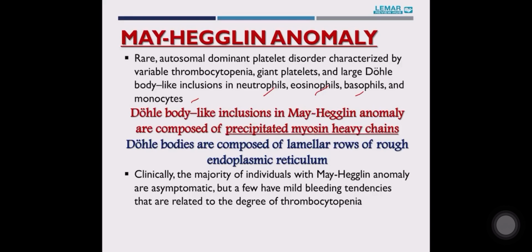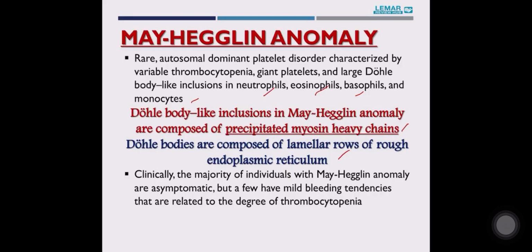Now, yung May-Hegglin inclusion consists of precipitated myosin heavy chain, whereas Döhle inclusion consists of lamellar rows of rough endoplasmic reticulum. Kung maalala niyo po yung Alder-Reilly inclusion, kamukha po niya yung toxic granules. Ngayon naman po yung May-Hegglin inclusion, kamukha niya yung mga Döhle bodies.